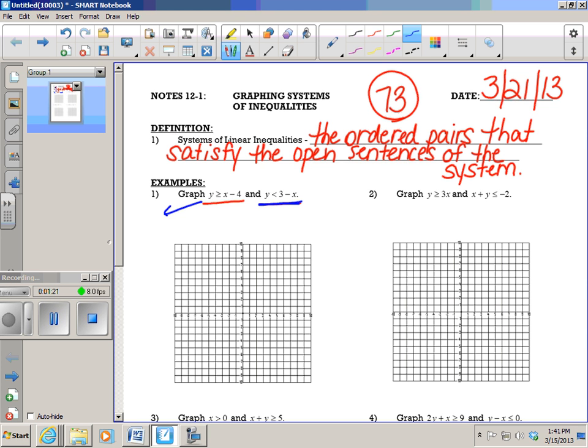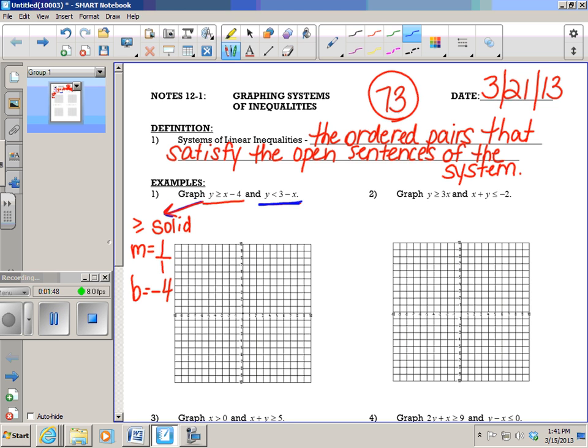So I'm going to take this first inequality, take my color string, and write out what it is I know about it. I know that the greater than or equal to symbol suggests a solid line. I know the slope is 1/1, and the b, the y-intercept, is -4.